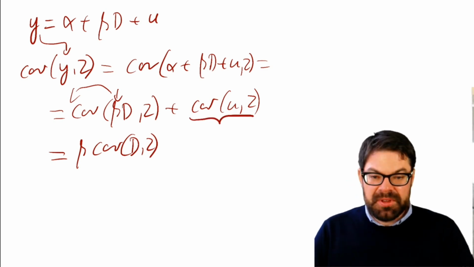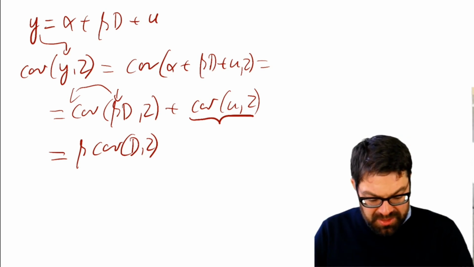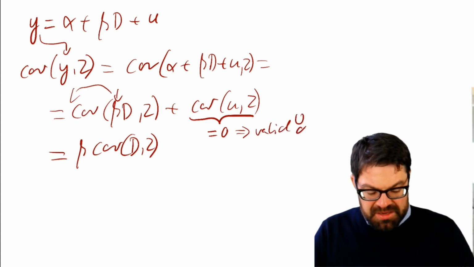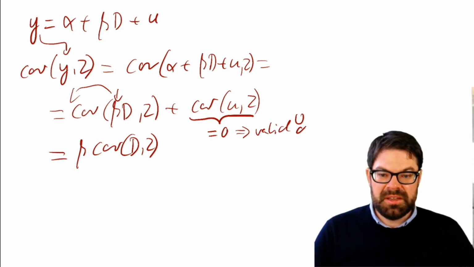And if the instrument is valid, then the covariance of U and the instrument is 0. So that is obviously only the case if it's a valid IV. If it's not valid, then obviously we have a bias.